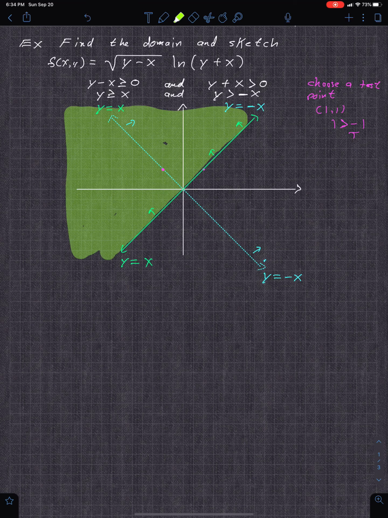I'm doing this just because I can. It's kind of obvious what it is, right? And then the other one is shading everything this direction. And then what's the overlapping part? You can see that that's the overlapping part. Okay, so that upper corner there is overlapping, and of course that's the domain.